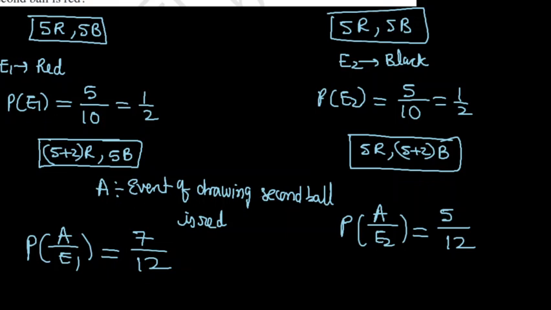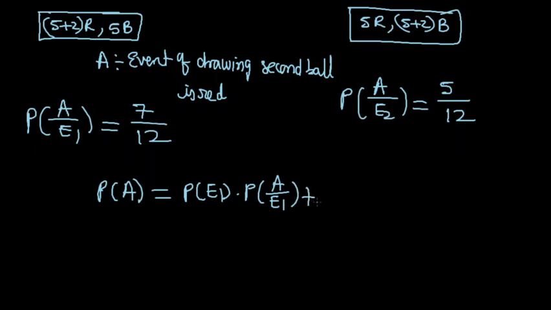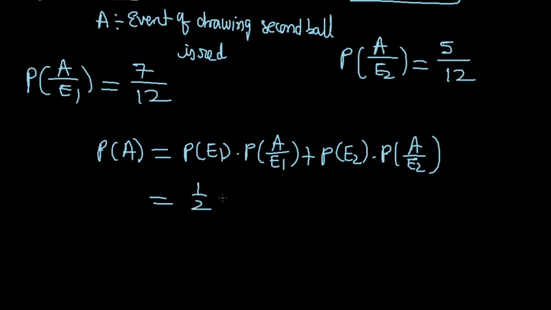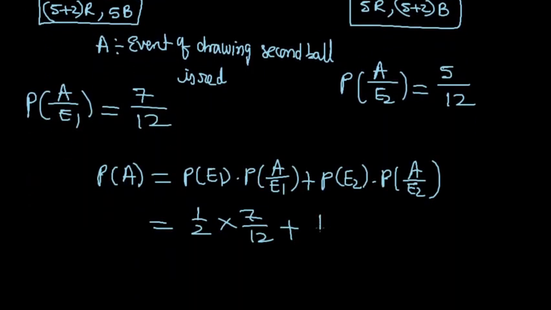Now A is the event of drawing the second ball red. According to the total probability theorem, P(A) is P(E1) into P(A|E1) plus P(E2) into P(A|E2). P(E1) is 1 by 2 into 7 by 12, plus P(E2) is 1 by 2 into 5 by 12.